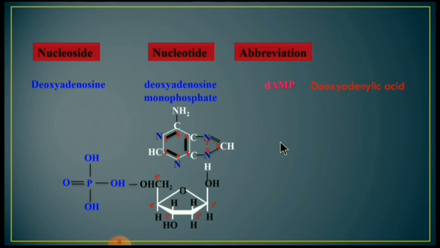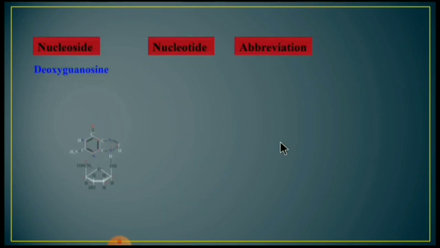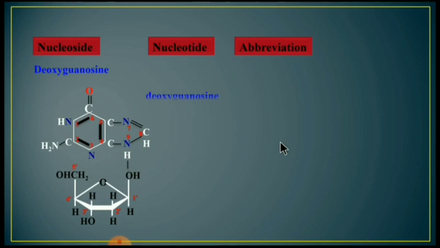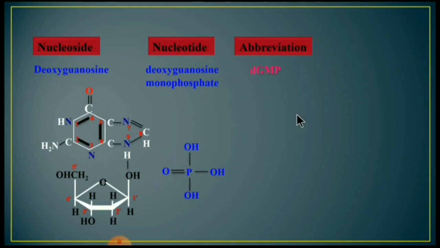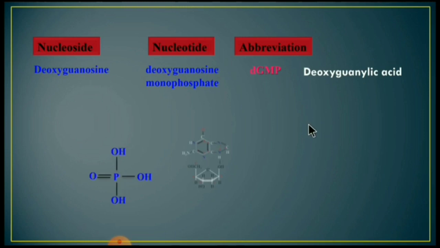The second one, deoxyguanosine combines with monophosphate to form deoxyguanosine monophosphate, or DGMP, also known as deoxyguanylic acid.